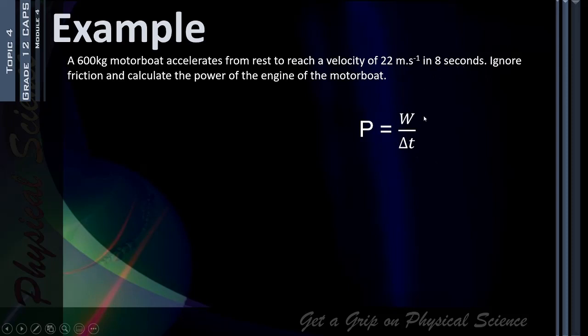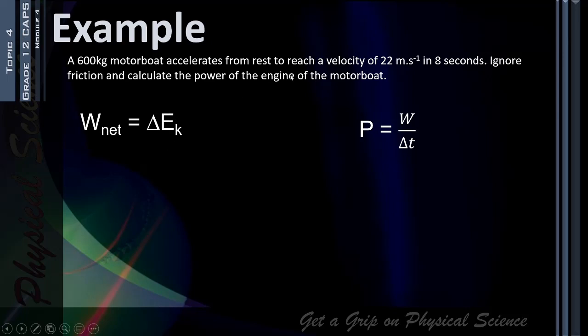And we can calculate the work done by the engine because we know what the initial and the final velocity of this motorboat is. Now, you can use any method to calculate the work done by the engine. I'm going to use the Work-Energy Theorem because it's easy to calculate the change in kinetic energy here.